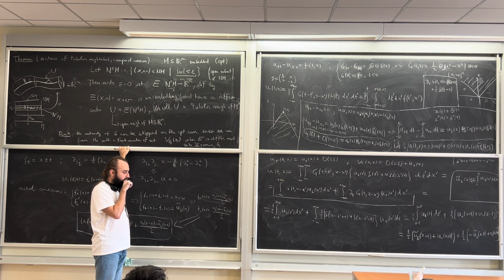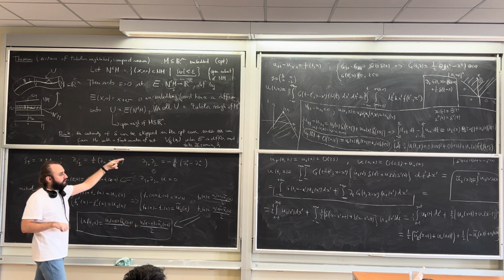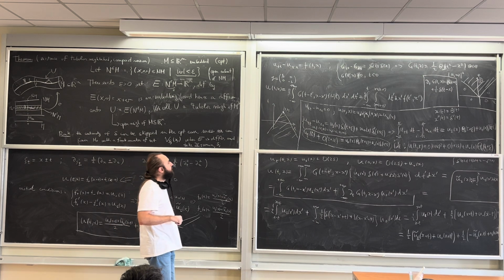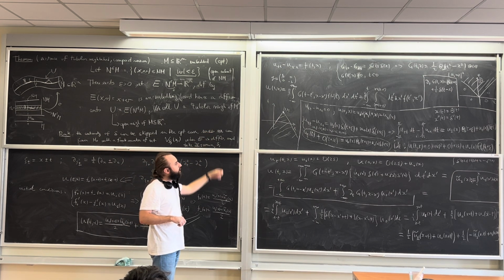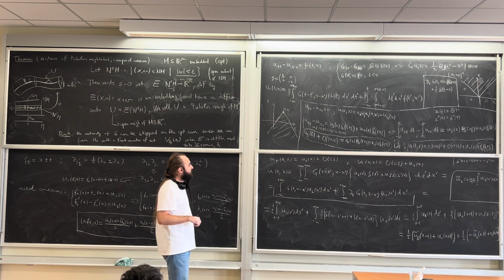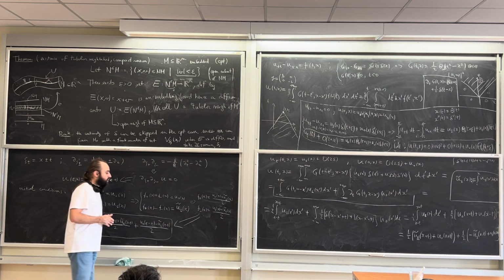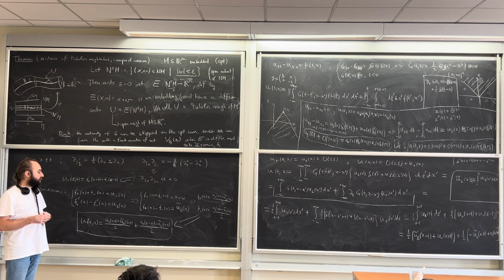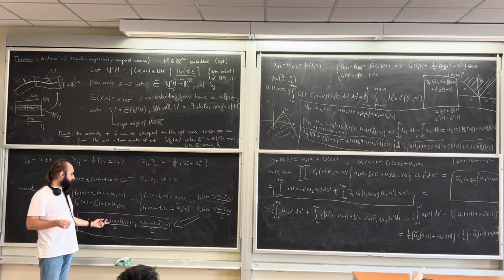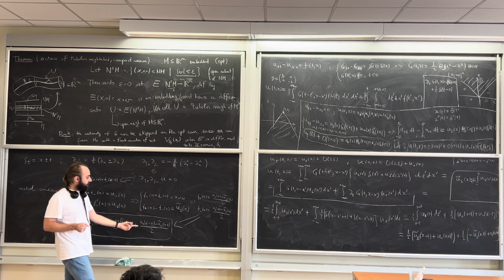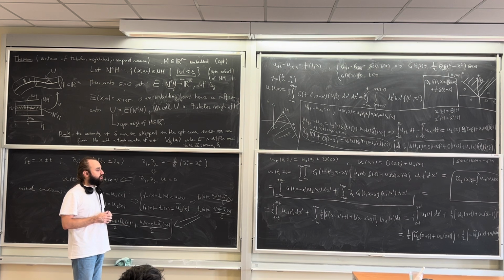So, you see that although our original equation contains second derivatives of u, a solution of this equation contains only this function with initial values and the integral of this function.